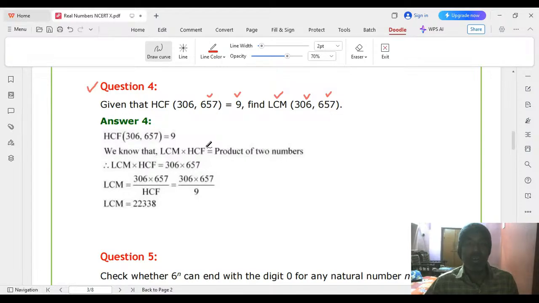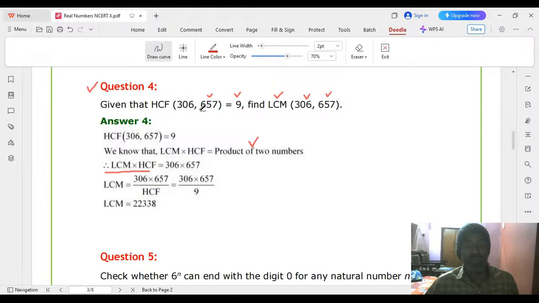In this question the HCF is given and it asks us for the LCM. So LCM into HCF equals the product of the numbers, 306 into 657.